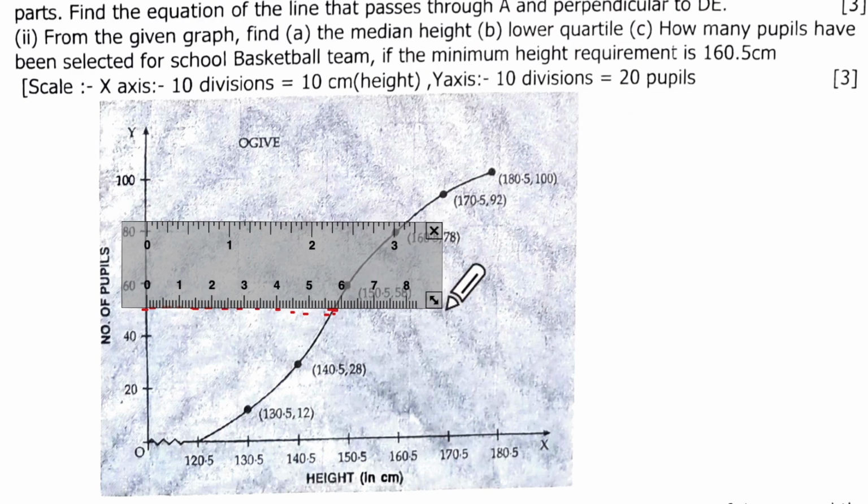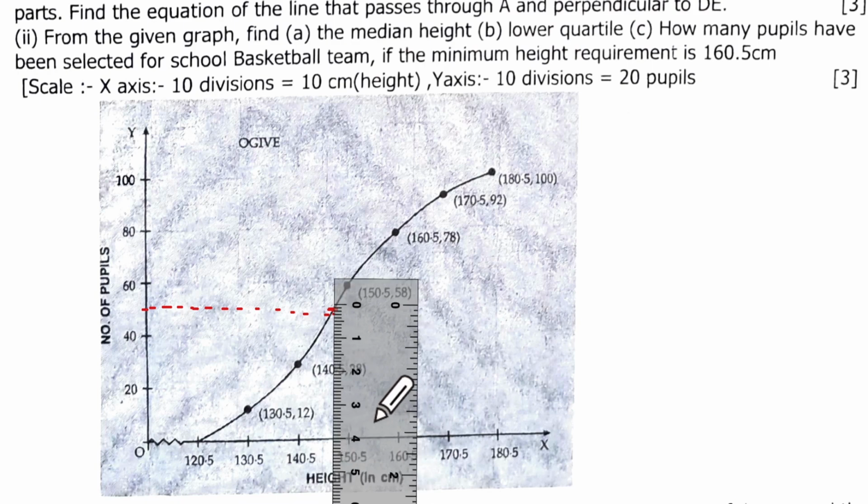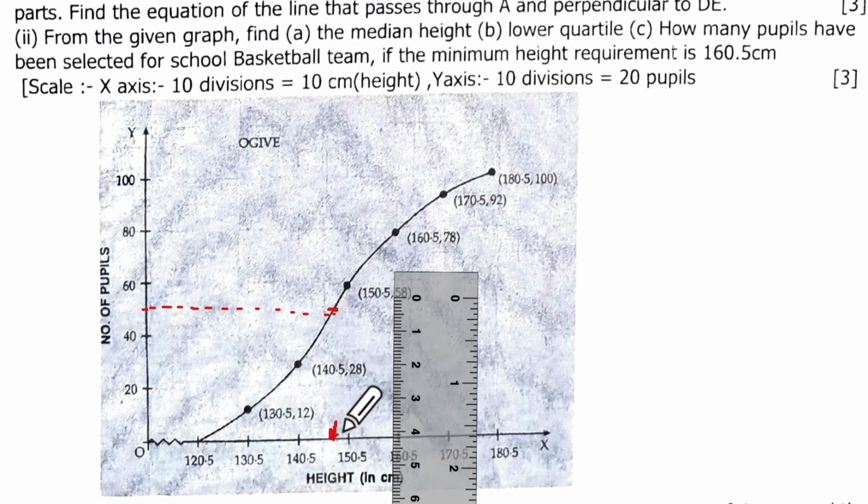Okay, and then from here coming down. Did you understand what I'm doing here? It is this point over here. Now in the Xerox, you cannot see the graph lines, so it's going to be a little difficult for you, but you have to read this.